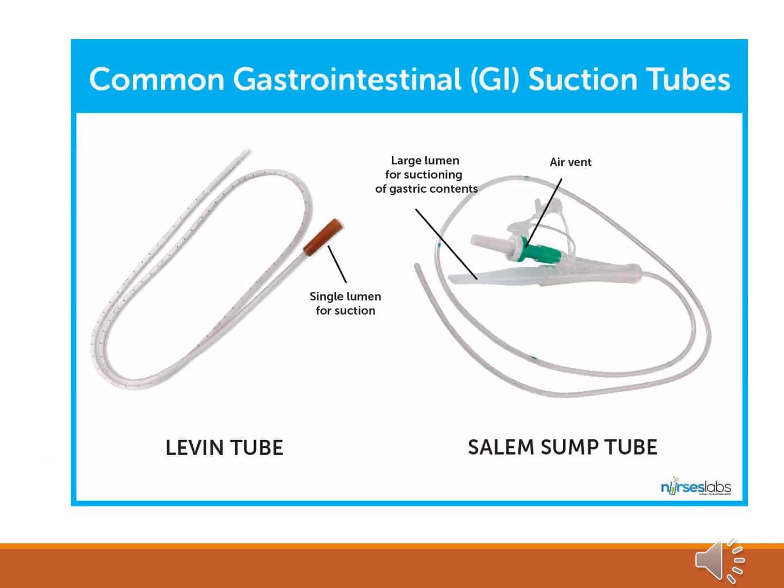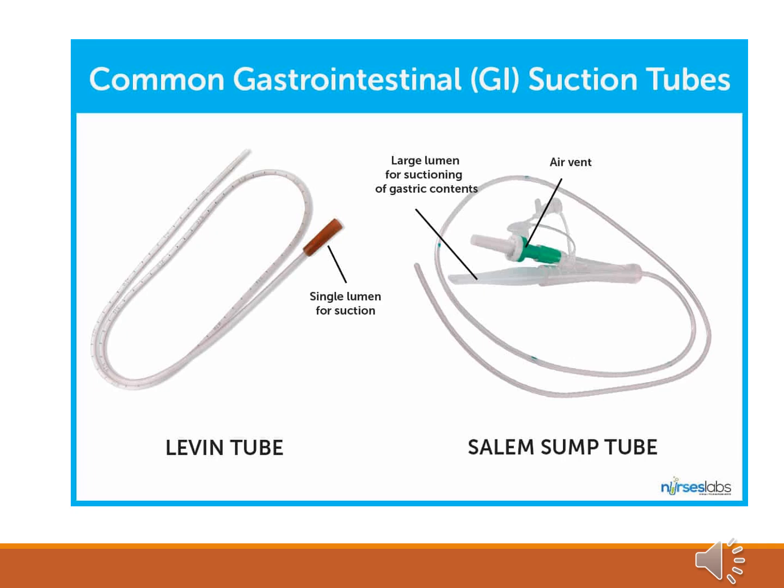The two most common types of NG tubes are the Levin and the Salem sump tubes. The Levin tube has a single lumen with holes near its tip, identified on this slide, and the Salem sump tube is a double lumen tube that is radiopaque. It has a blue extension at the proximal end called a pigtail, which remains open to the air.